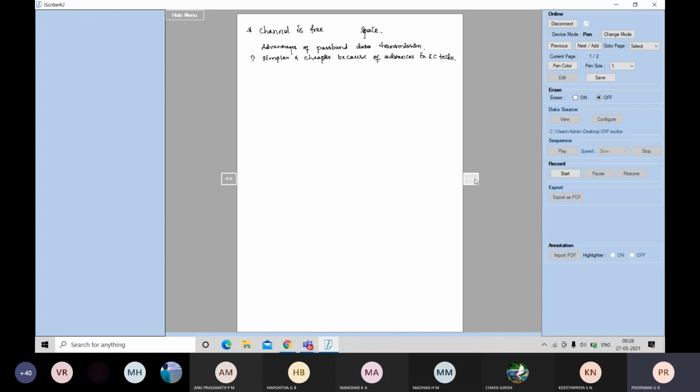Hence, when you go for passband transmission, we feel that it is simpler and cheaper communication we can build.